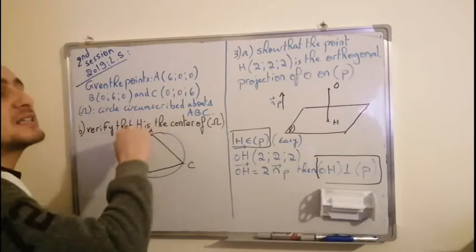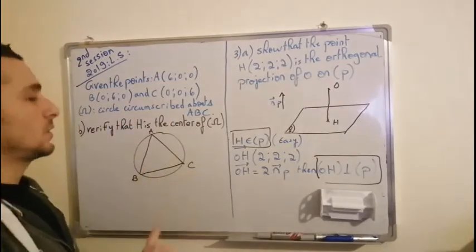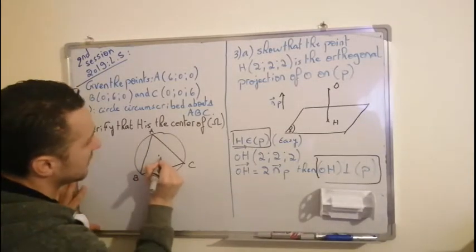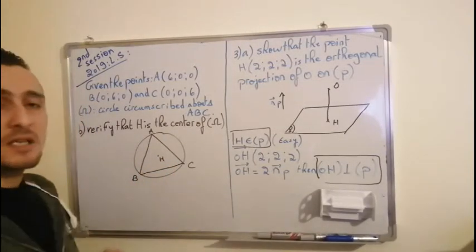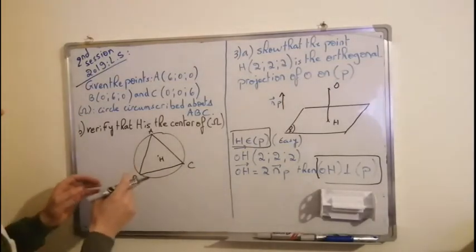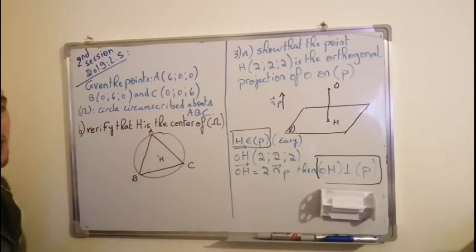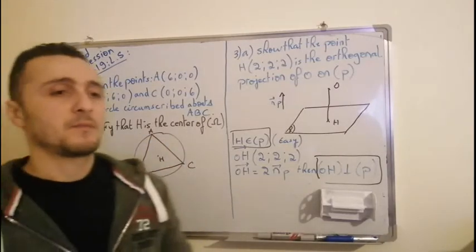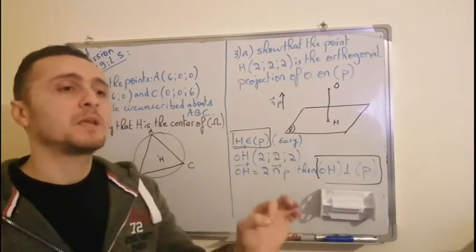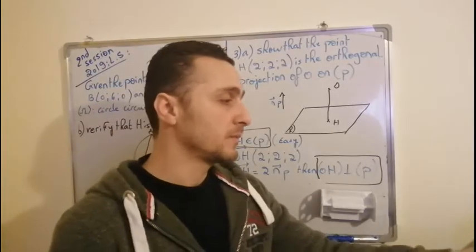The three vertices A, B, and C belong to the circle. To prove that H is the center of the circle, it's easy. We can calculate HB, HC, and HA. If they have the same lengths, then H is the center of the circle circumscribed about triangle ABC.